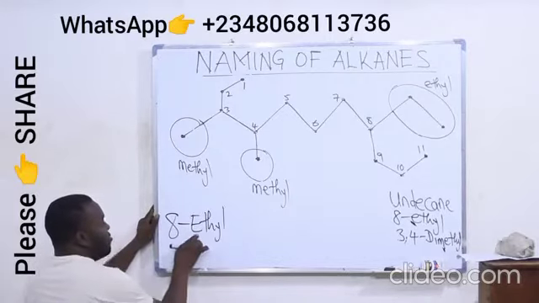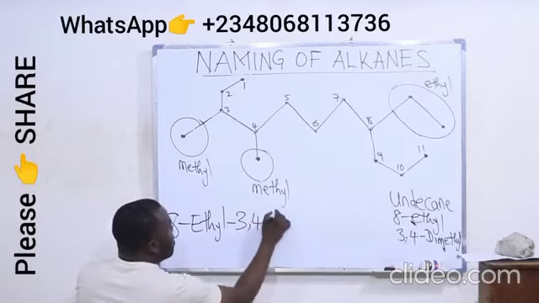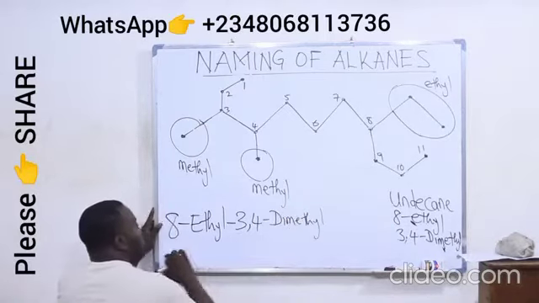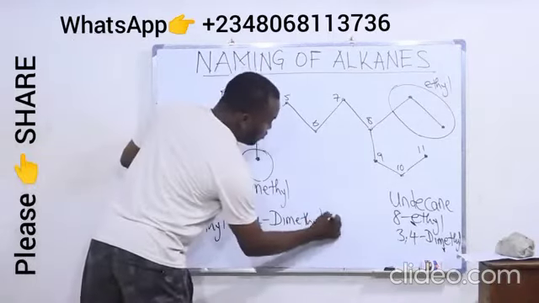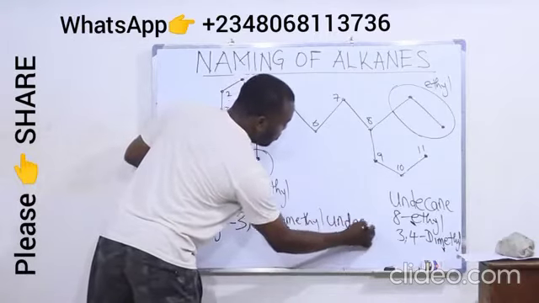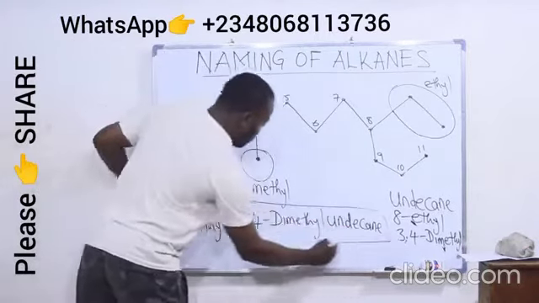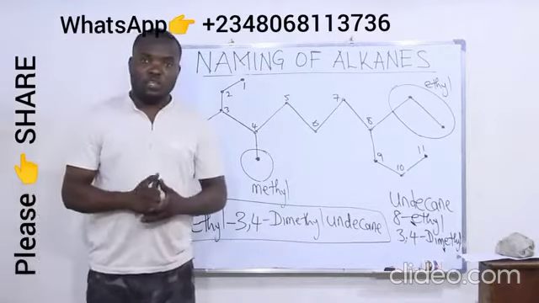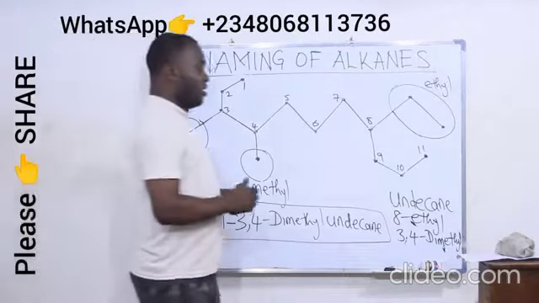Then I have 3, 4 dimethyl. I have written the attachments. Then the next thing to write is the longest chain, which is undecane. So the name of the compound is 8 ethyl 3, 4 dimethyl undecane. And that is the answer.